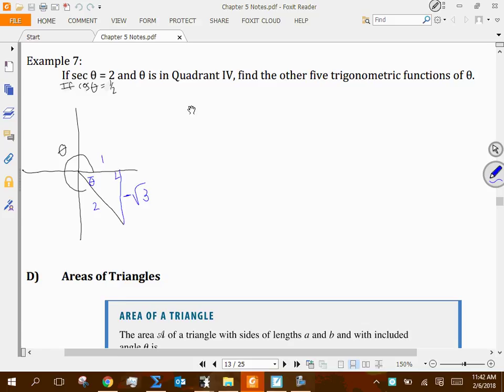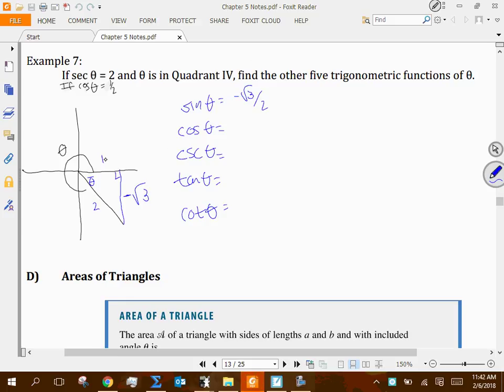Now if they want, let's say, the sine of theta, this is the reason I like this picture, because now I can go through and find the remaining trig functions real quick. It's the one I missed, cotangent. Sine is opposite over hypotenuse, so negative root 3 over 2.